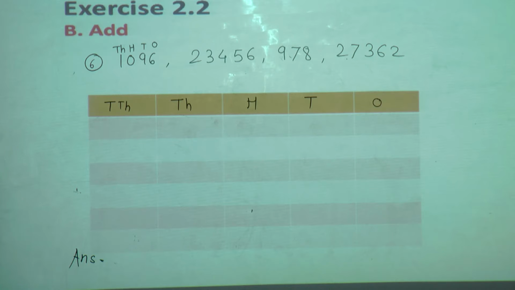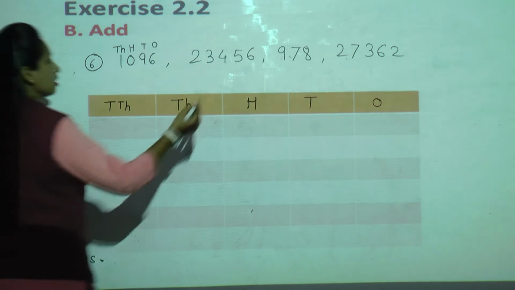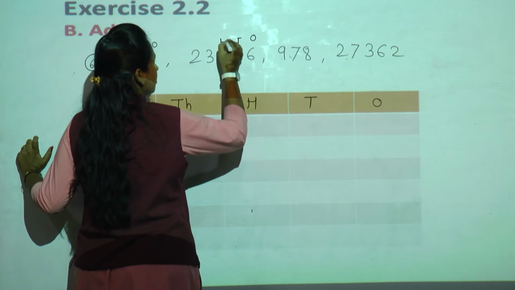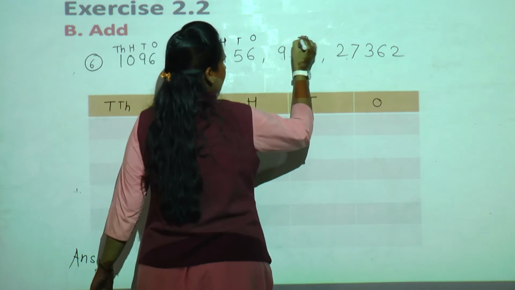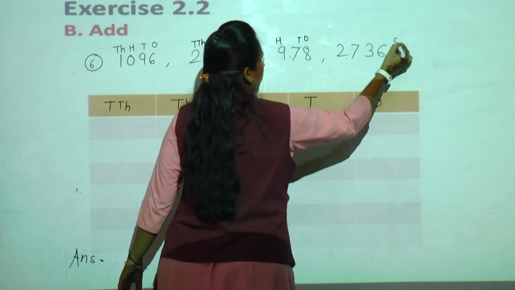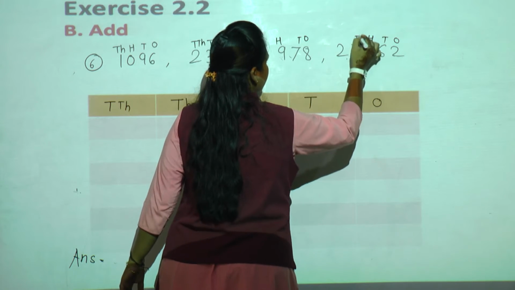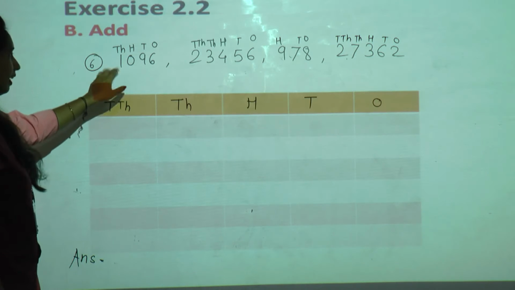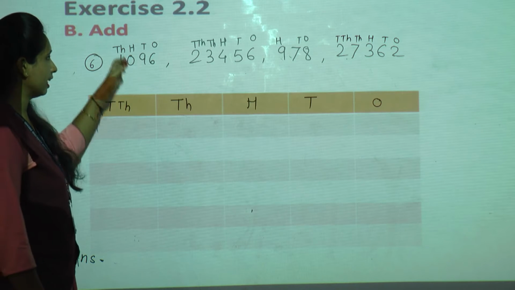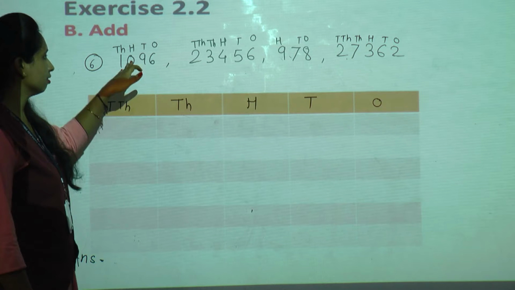Go with the place values only. See, ones, tens, 100, 1,000, 10,000. Now I can write from this side also when I will give place value to this number.